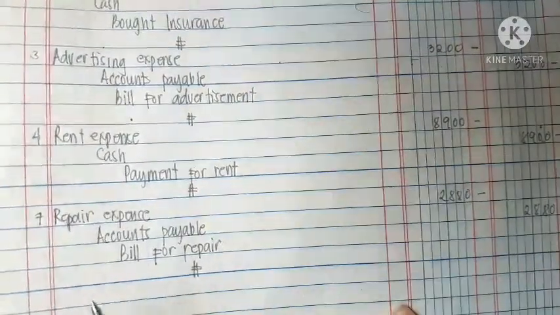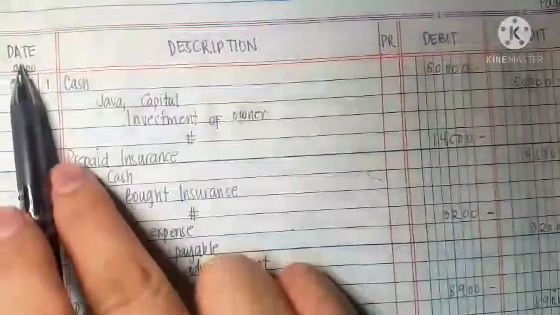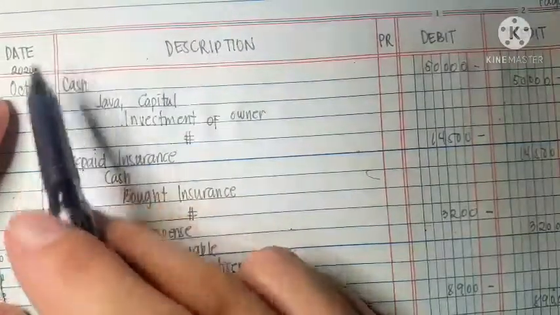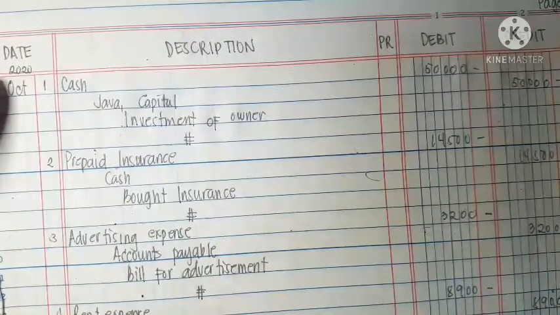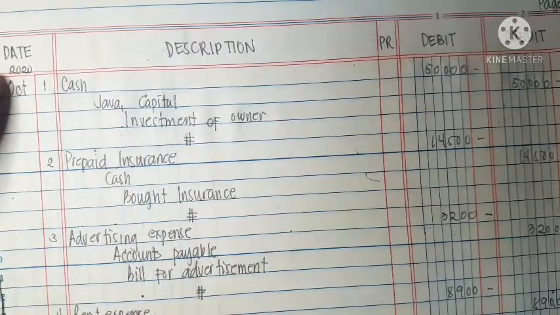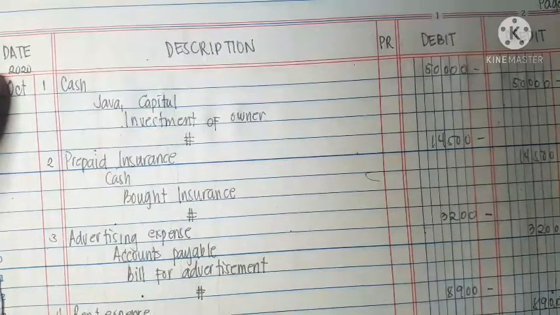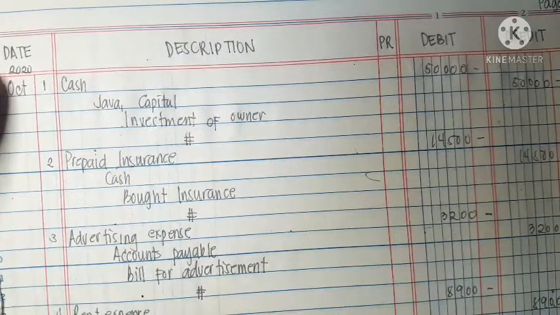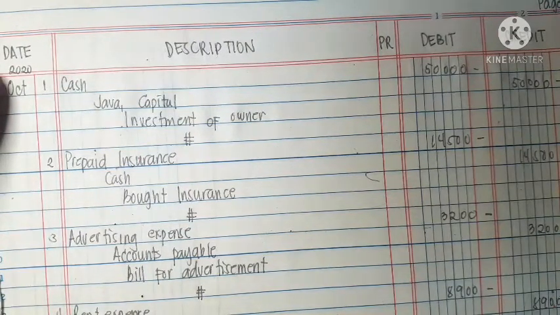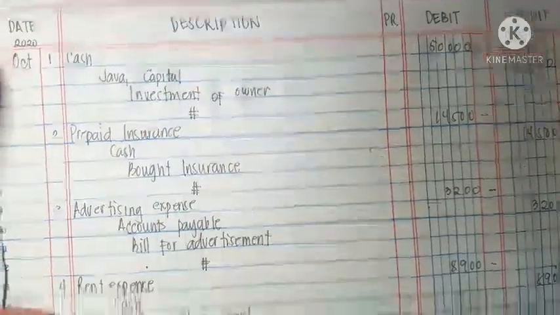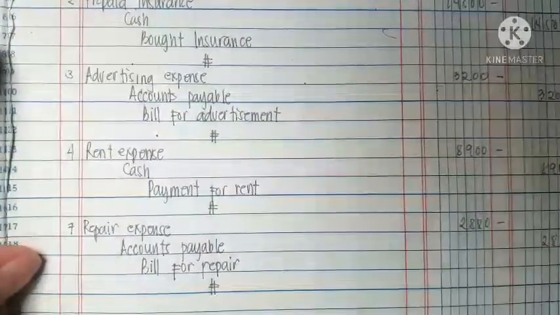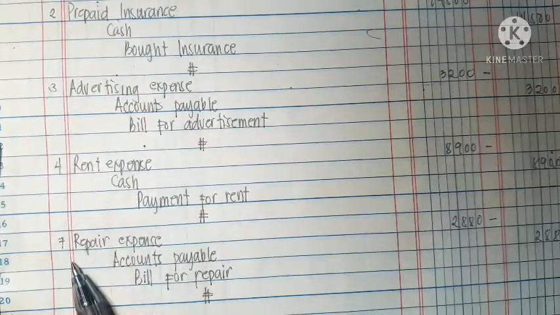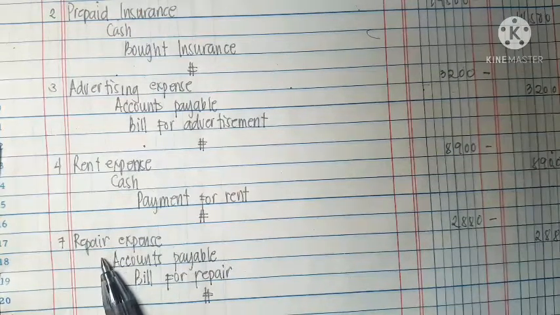On October 7, 2020, there is a decrease in equity, particularly repair expense.